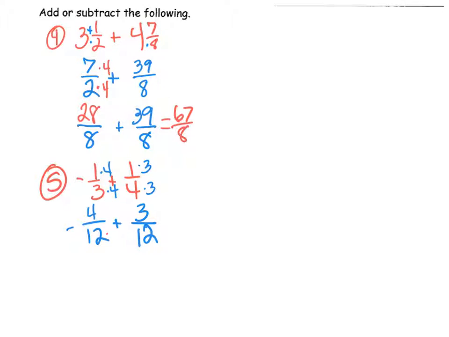Negative 4 plus 3. What's a negative 4 plus positive 3? Negative 1. And that's your answer. So working with negatives doesn't make it any harder. You just have to pay attention when you get your common denominators.